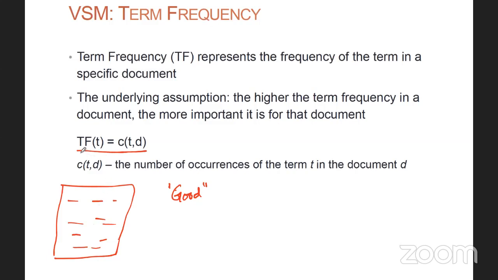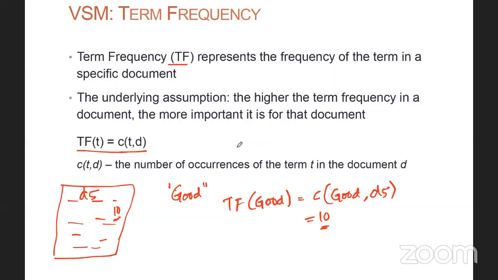So the term frequency of good is equal to the count of the term good here. Let's say good has occurred 10 times in this document. So that is 10. This is another method, simple frequency, called the TF, term frequency method.